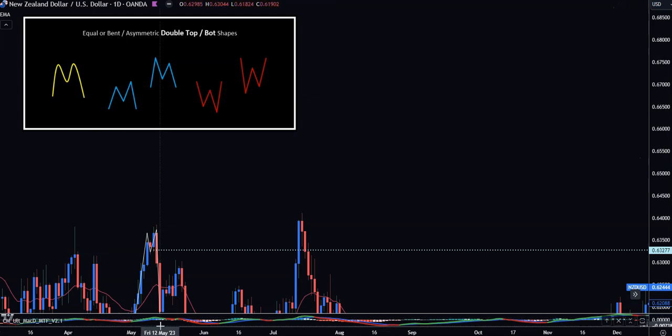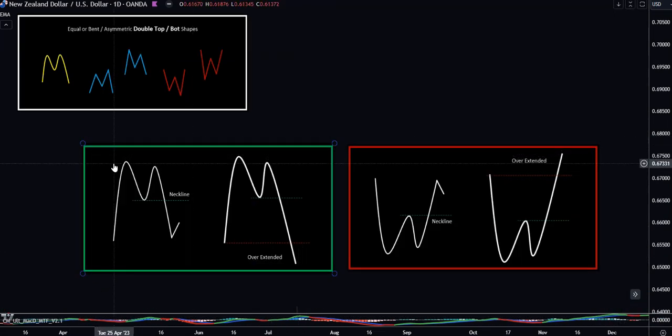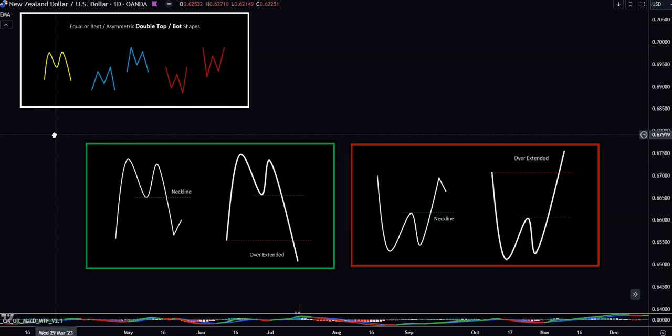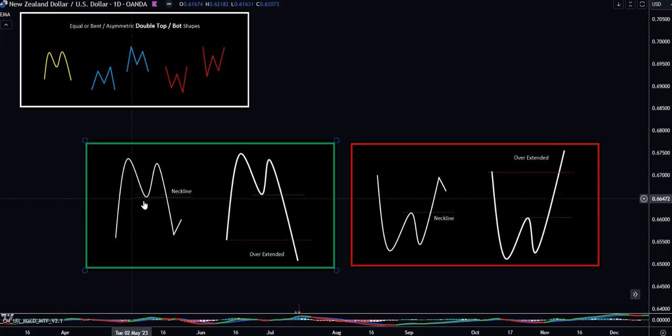Let me show you the other draw, what I mean by extended and overextended. There we are. Okay, so here is what I meant by that, right? So when you got an M pattern, let's say that you would expect a possible move to the neckline on the way up, all right?